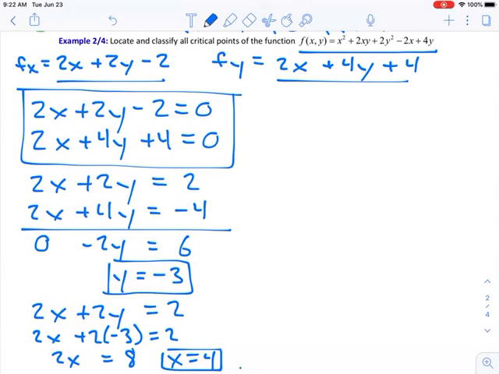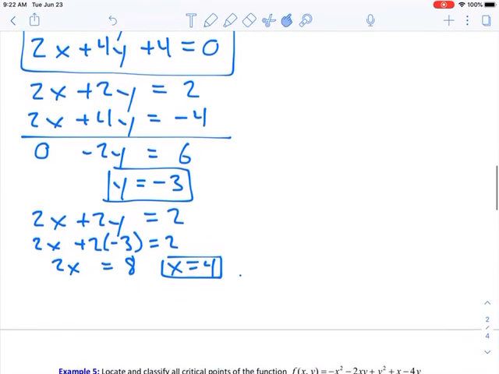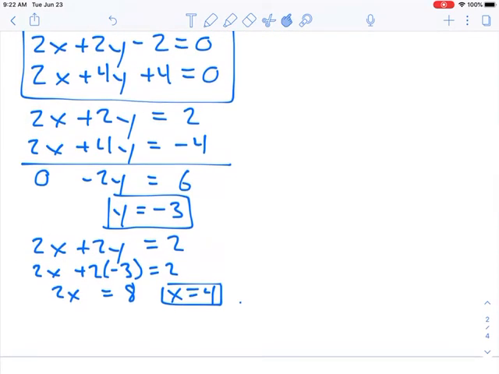All right, so we have our y value, and we have our x value. Next thing we need to do is find the z value. Now, to find the z value, we plug all these numbers into the function. Let's see what room I have down here. There we go. Just enough room down there.